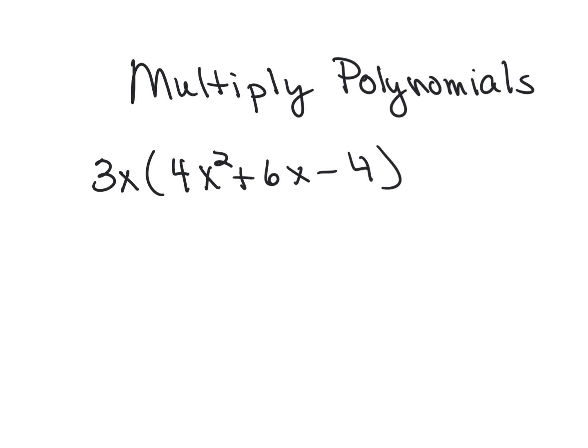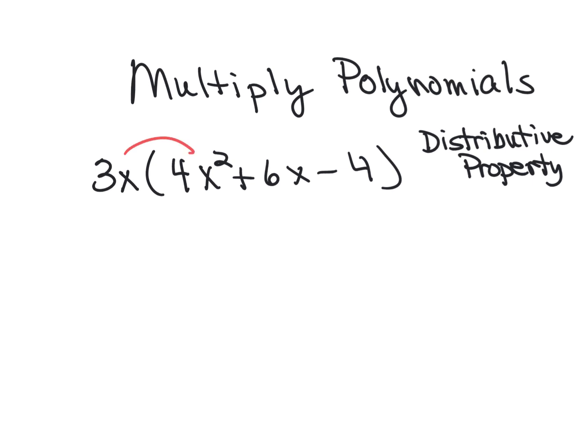All right, another example of multiplying polynomials. This is the distributive property. The distributive property tells me that I'm going to multiply everything inside the parentheses by what is outside the parentheses. Therefore, I'm going to distribute that 3x times everything inside.